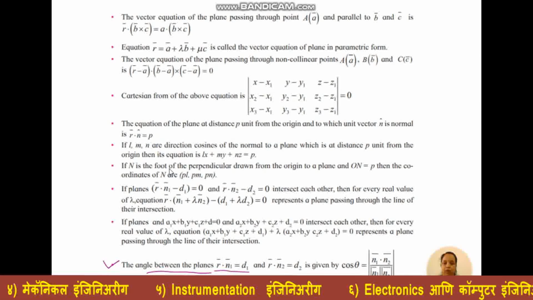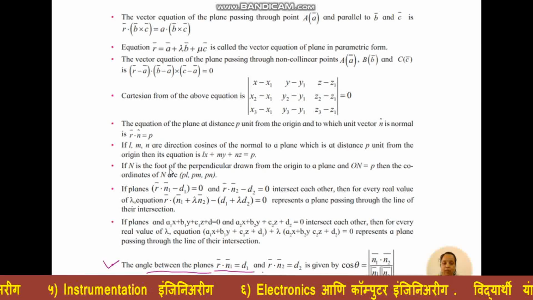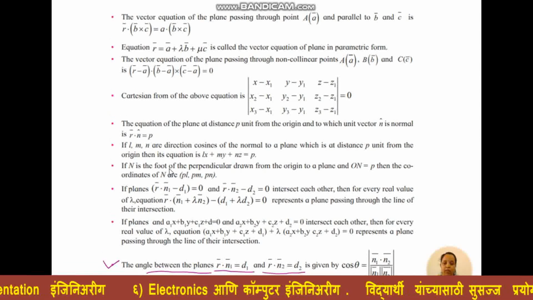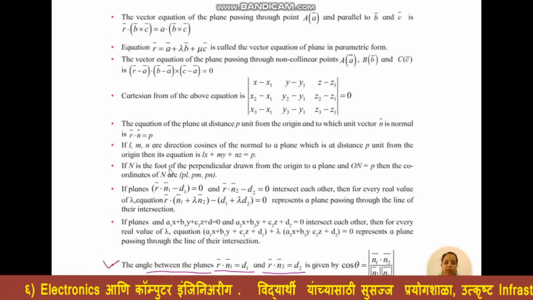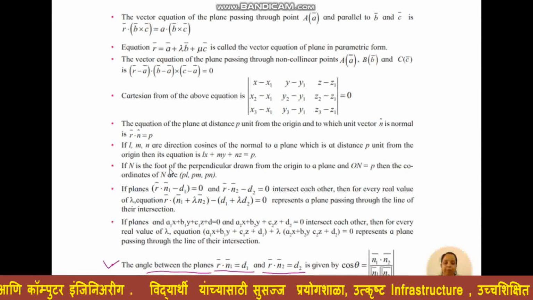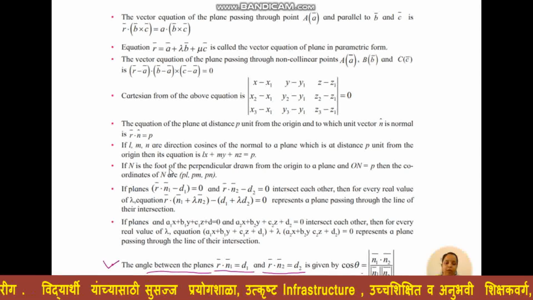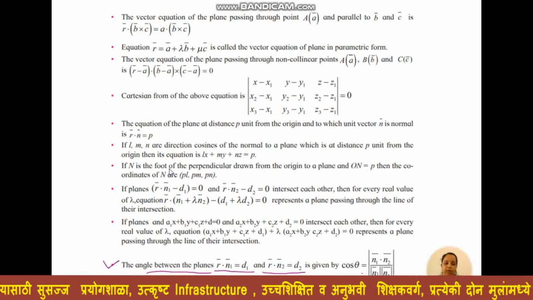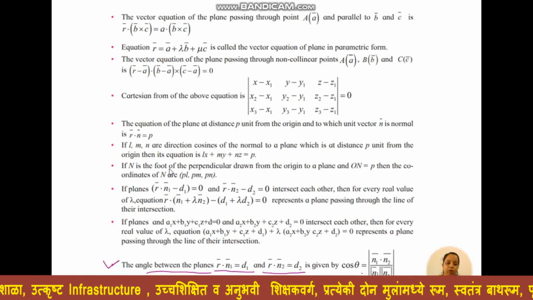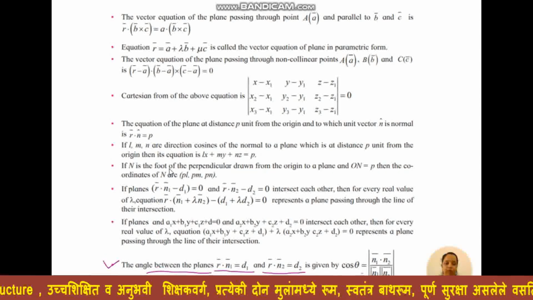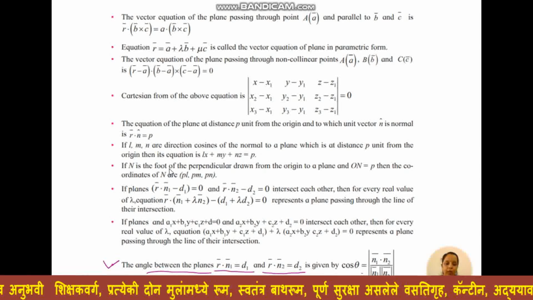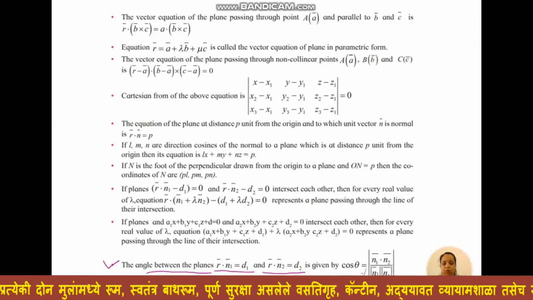If R bar dot n1 bar is equal to d1 and R bar dot n2 bar is equal to d2, then the angle between them is given by cos theta is equal to the modulus of n1 bar dot n2 bar divided by magnitude of n1 bar into magnitude of n2 bar. So we write this formula.